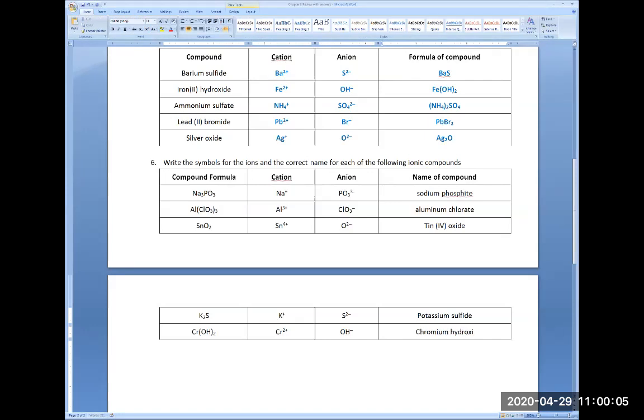Hydroxide is the name for OH minus, and it's a polyatomic ion. So you keep it as it says in the table. And yes, we need a Roman numeral. And here it's for chromium 2 plus, so it's chromium(II) hydroxide. That's the correct formula and name, sorry, for that formula.